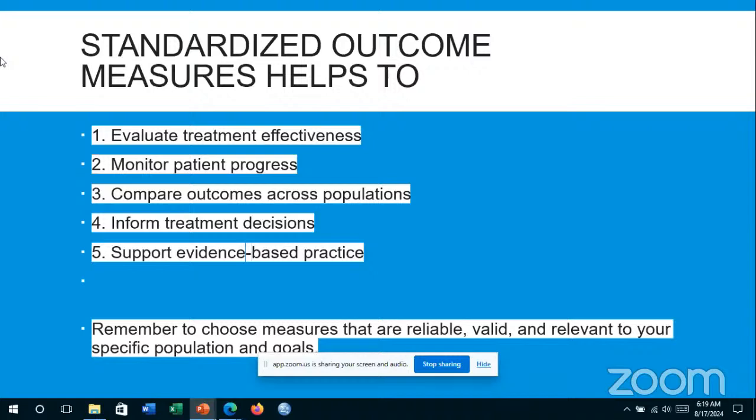We have so many of them, uncountable, but I just pinpointed about 10 here. You can use a Likert scale, a visual analog scale, or a numerical rating scale. That one is a 0 to 10 scale to assess pain, fatigue, or other symptoms.